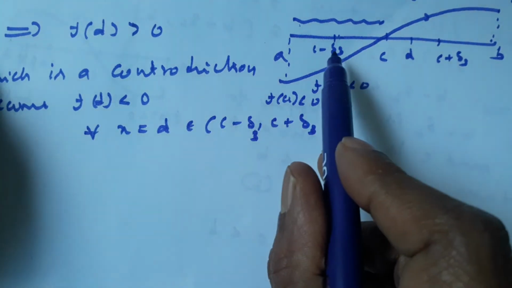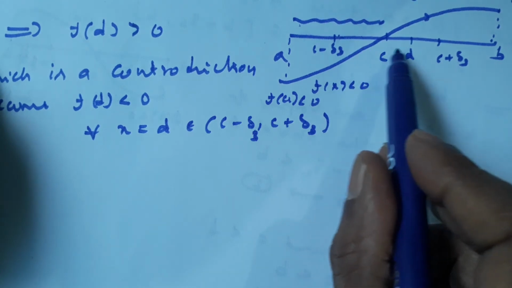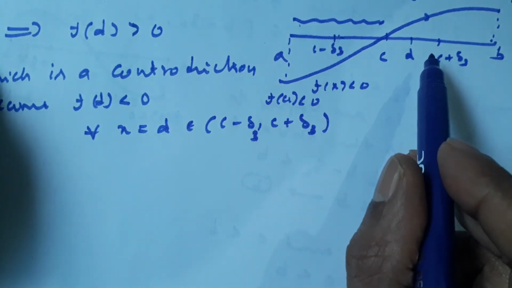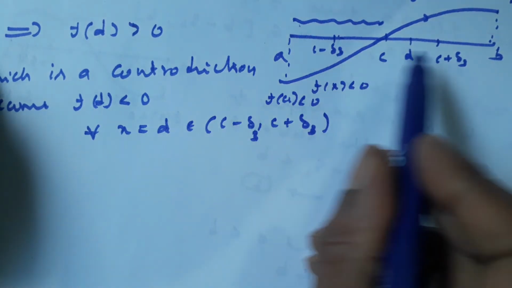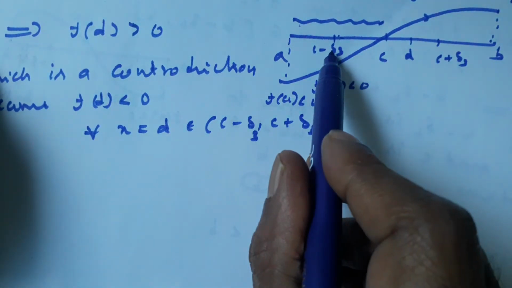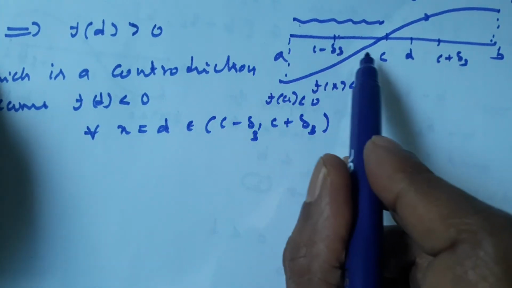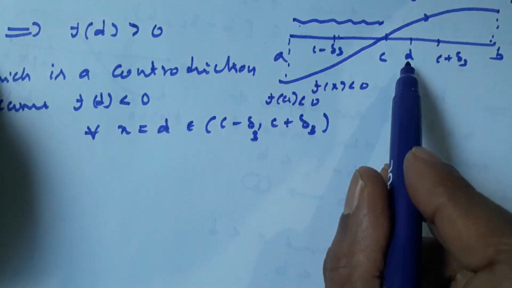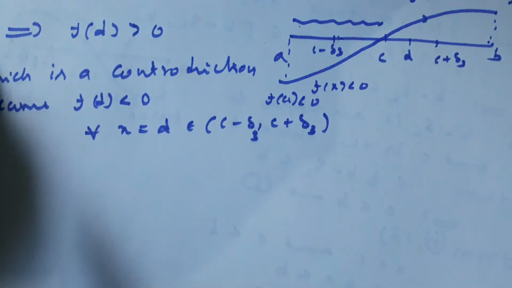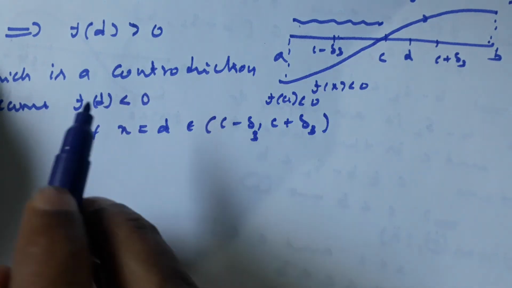Whatever element you take in between C minus delta 3 and C plus delta 3, it must be less than 0. D can be taken on either side, and f of D must be less than 0. But if I take D in this interval, we get f of D greater than 0. So why does this contradiction arise?